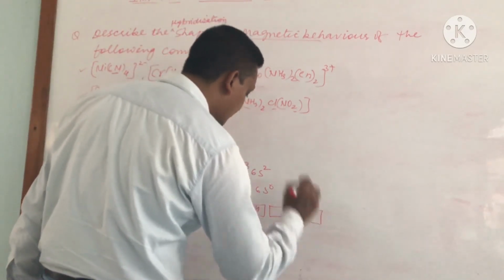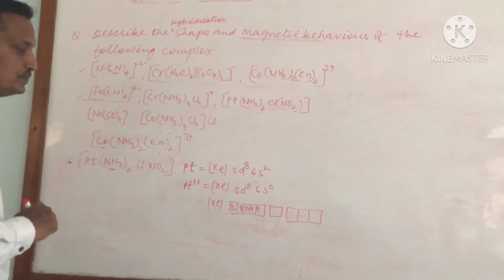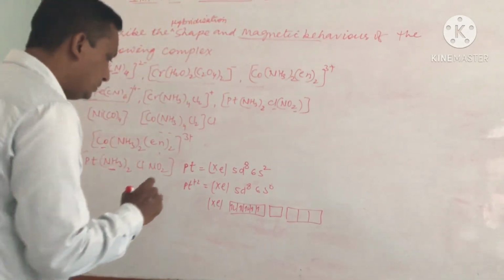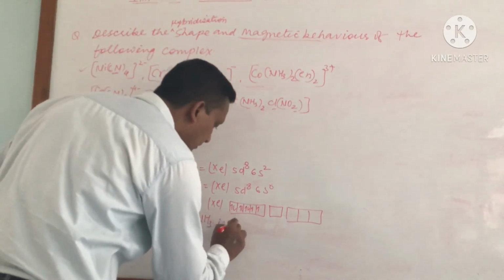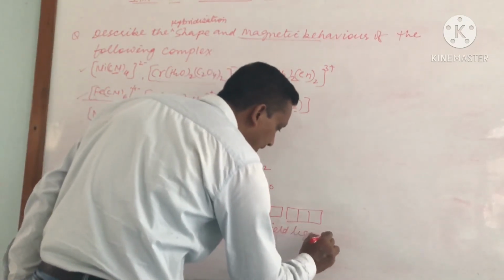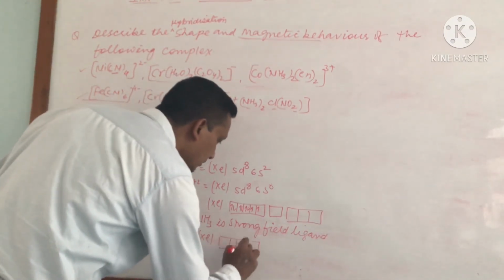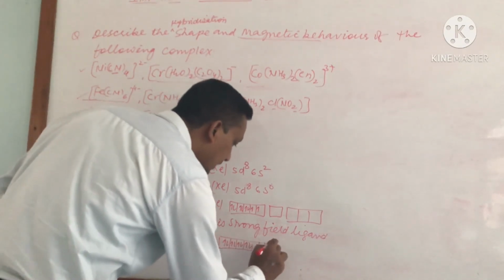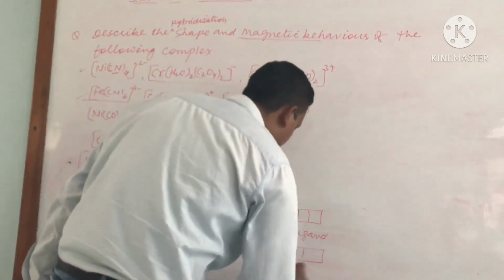So we can write here in this case 1 2 3 4 5 6 7 8 electrons, and the s and p subshells. We know that NH3 is a strong field ligand with platinum, so it will pair up the electrons and we get 1 2 3 4 5 6 7 8, and the s and d subshells, and the p subshell.